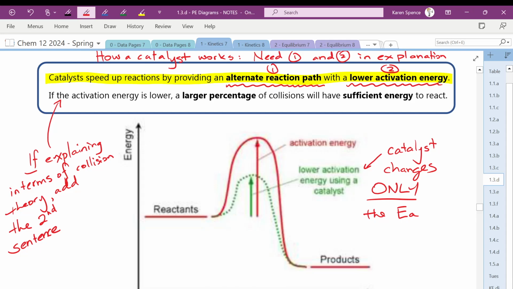Does it change the potential energy of the reactants? No. Potential energy of the reactants is unchanged. That's because the potential energy of the reactants depends upon their nature. Have we changed the nature of the reactants? No.